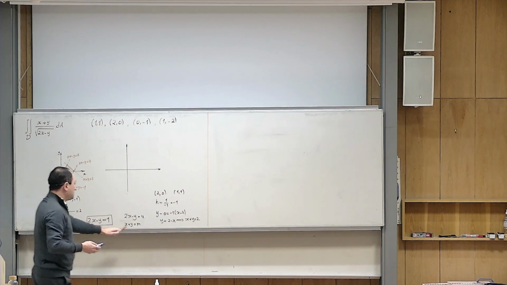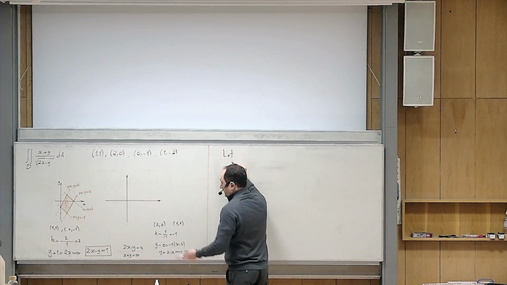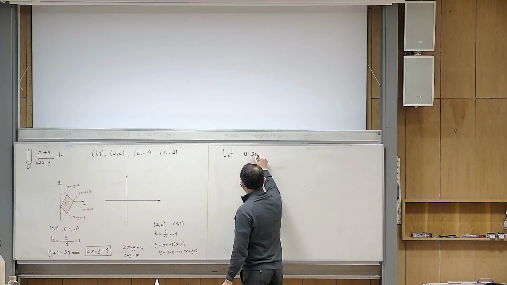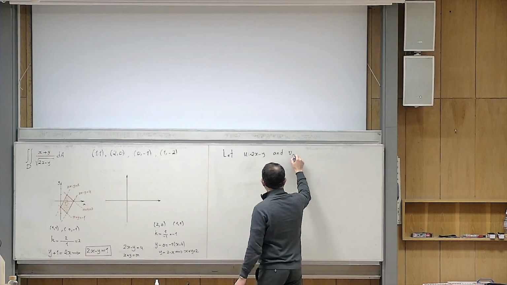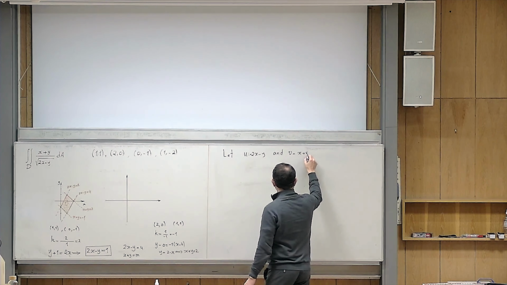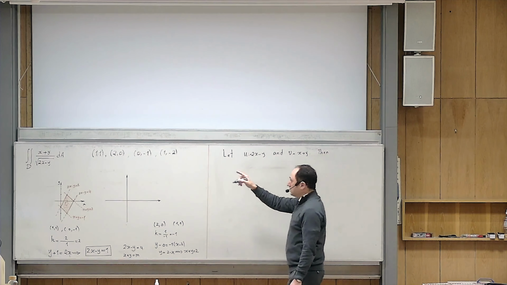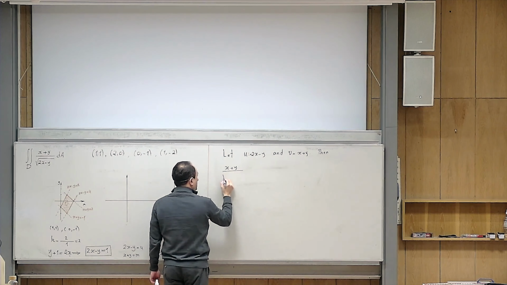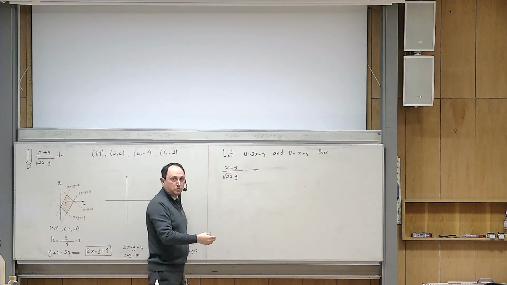So this motivates you probably to say that, for example, let u be 2x minus y, and v be equal to x plus y. Okay? Then what happens? The integrand that you have is x plus y over square root of 2x minus y. It turns into a new function of new variables, yes?